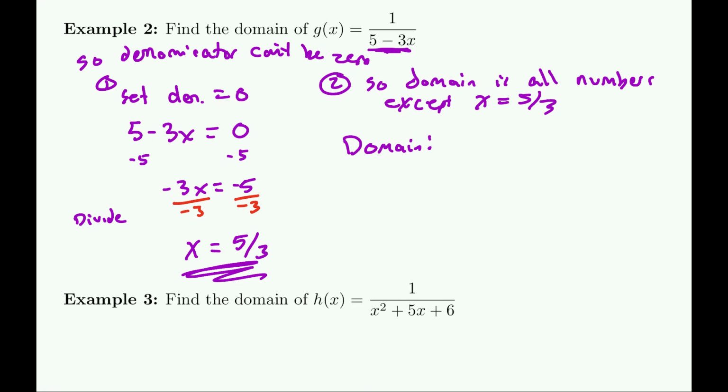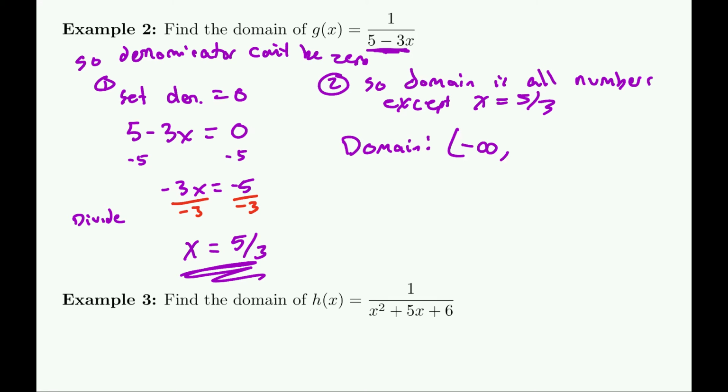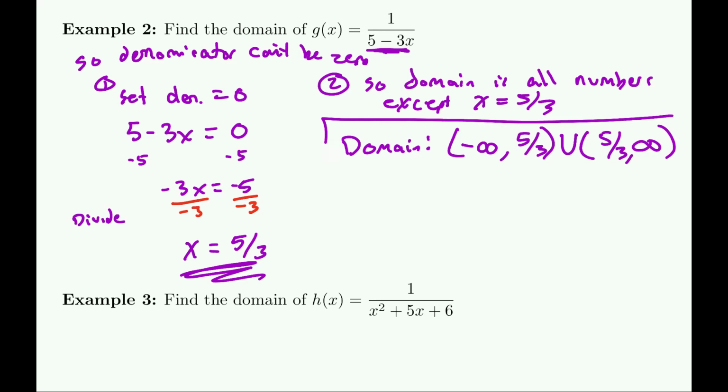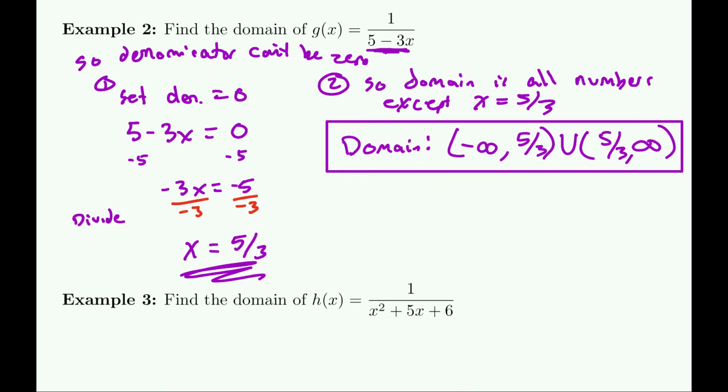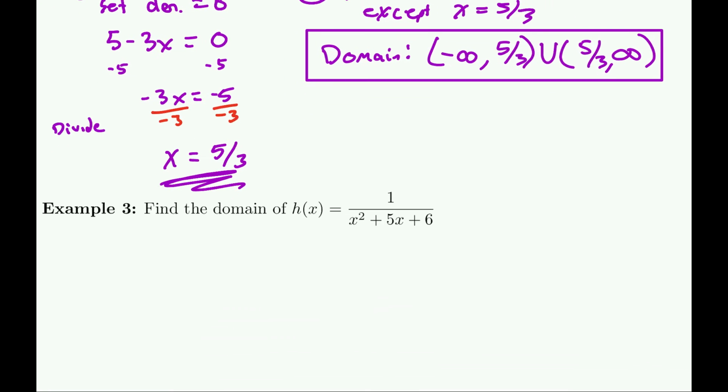Well, we've already seen how. Negative infinity up to 5/3 union 5/3 up to infinity. Same thing we had in the previous problem, just a different number. And that's how these go. So let's do the last one. The last one's going to be the trickiest one.